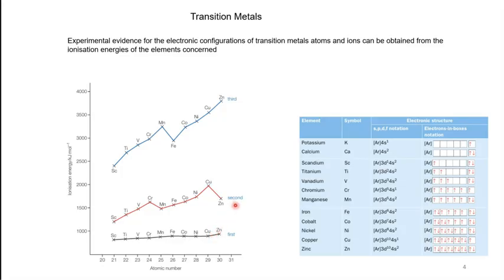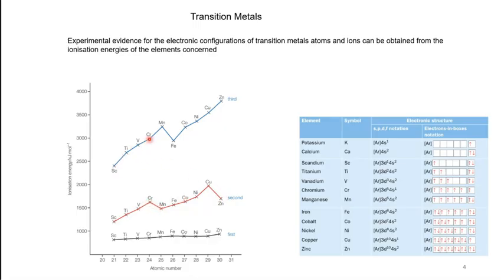Remember, we have also discussed the second ionization energy and third ionization energy. You see, we are getting a rise and then a trough, and again a rise and then a trough. This is because of the half filled electronic configuration and the full filled electronic configuration. Half filled and full filled electronic configurations bring more stable elements, and that's why this graph is like this.